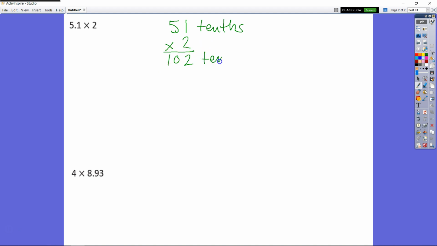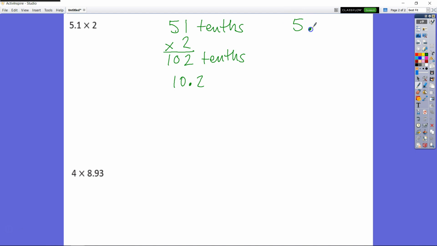So we would have 102 tenths. If you had 102 dimes, you wouldn't have $102, you would have 102 dimes, which would be equal to your 10 and 2/10.